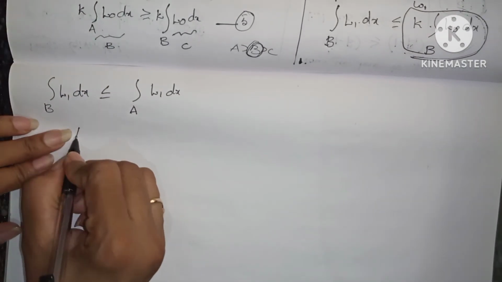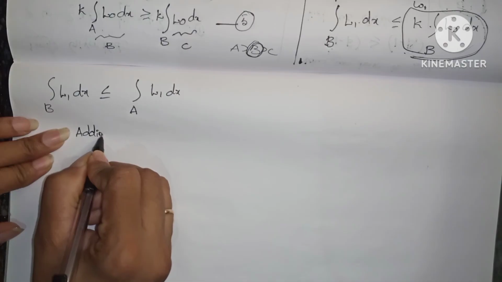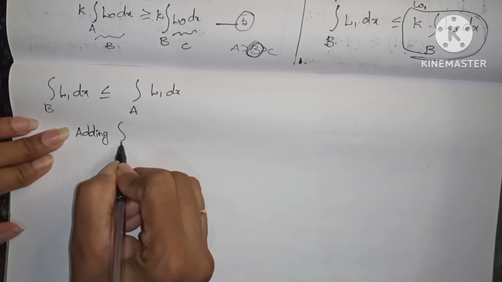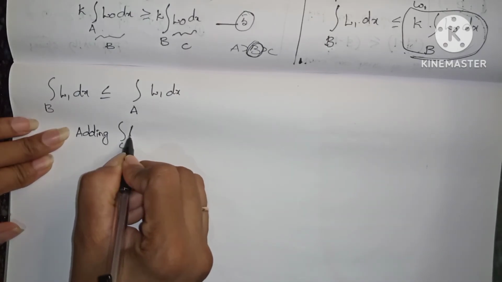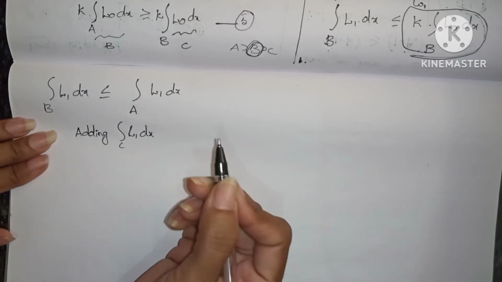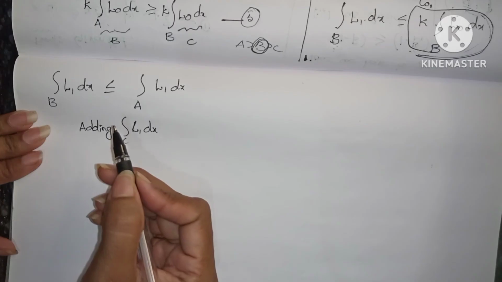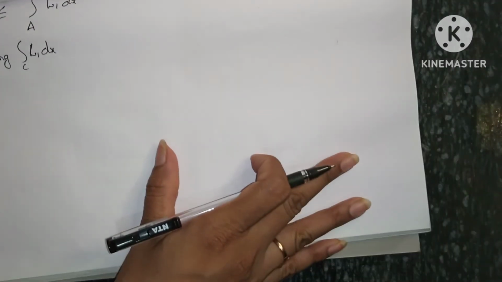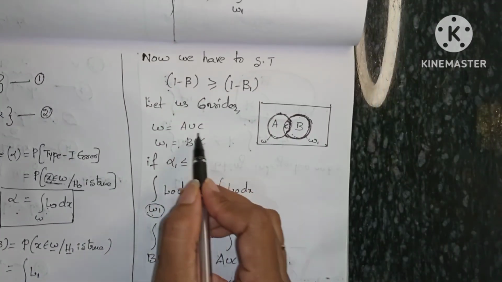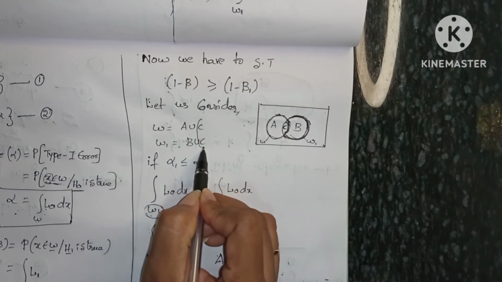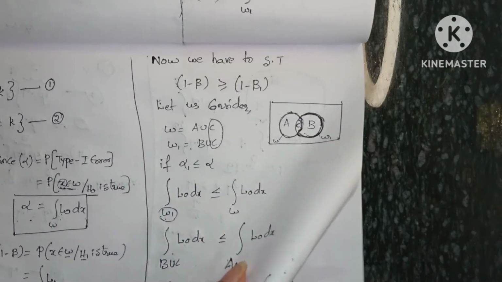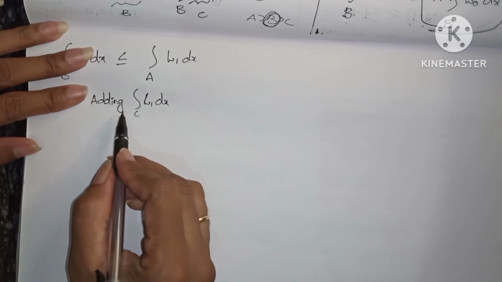Okay. So now adding integration C L1 dx on both sides. Why? Because we have to get omega 1. Omega 1 means, if you observe from the Venn diagram, C is common for both. So that's why we have to add this term.